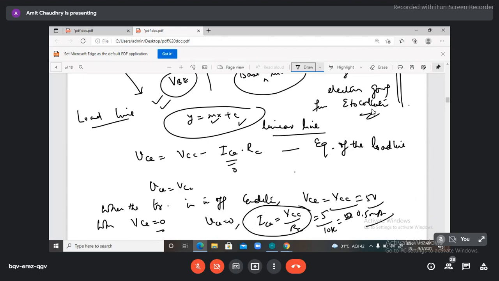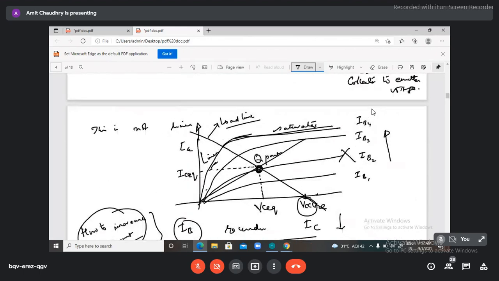So this is the current which can flow in the maximum condition. So this intercept is equal to VCC divided by RC. So the coordinates will be 0, comma this, and VCC, comma 0. So these are the two coordinates of this line.